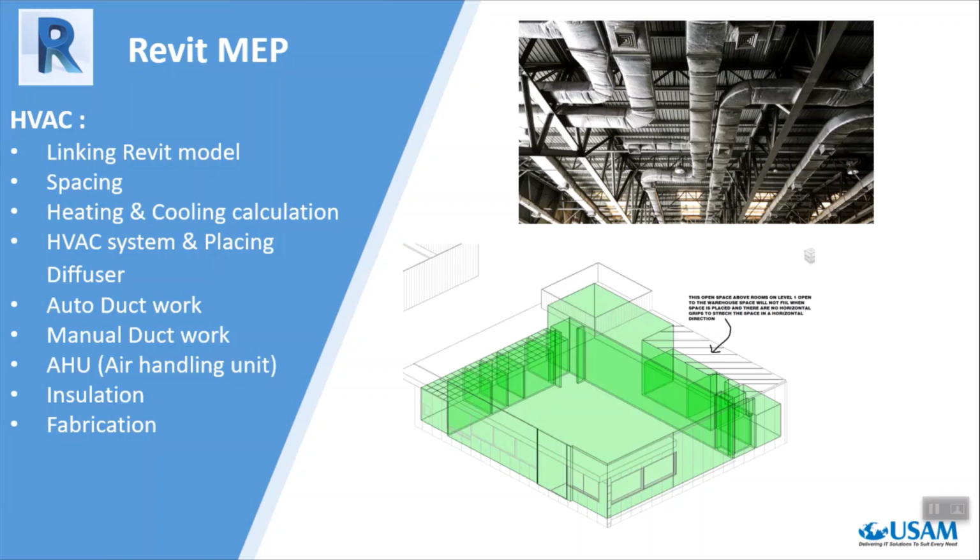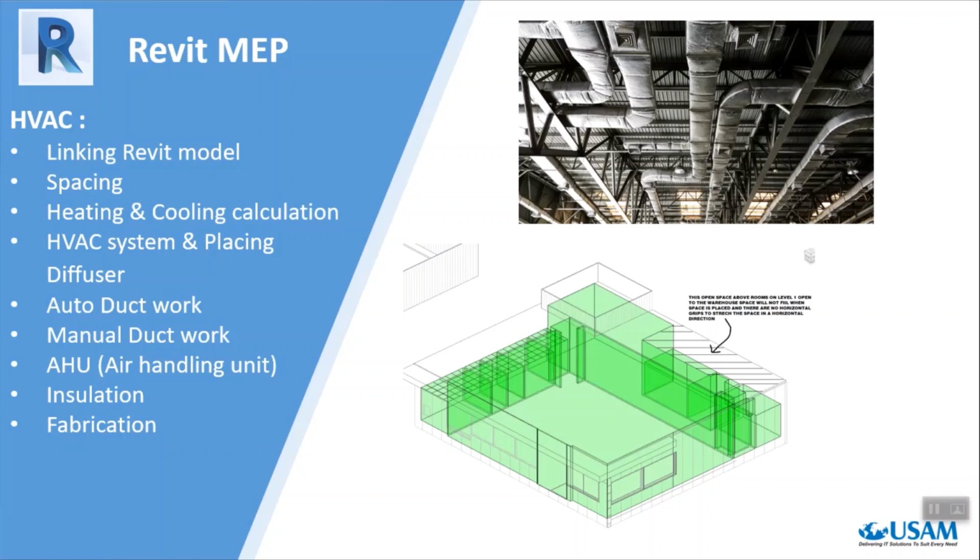The most important thing for the services I'm providing is the spacing between the ceiling and roof in the architectural model. That spacing is called the plenum level, and we should provide it properly. In the live demonstration, I will show what the plenum level is and how to provide it. So the first step is to link the architectural model in the MEP template.